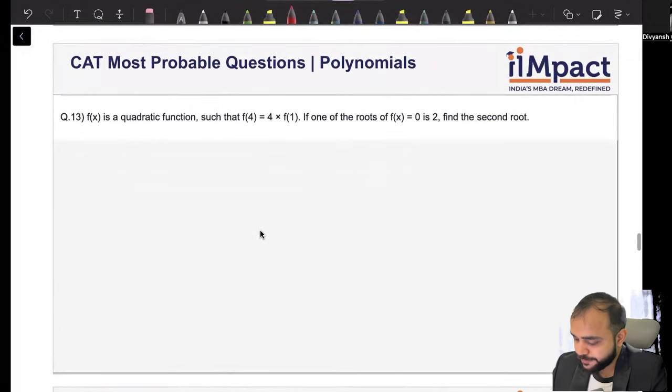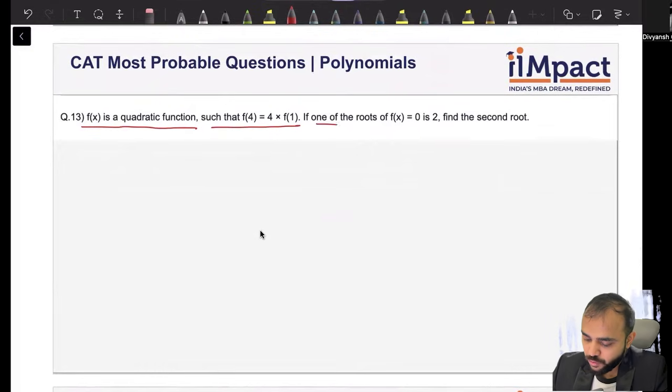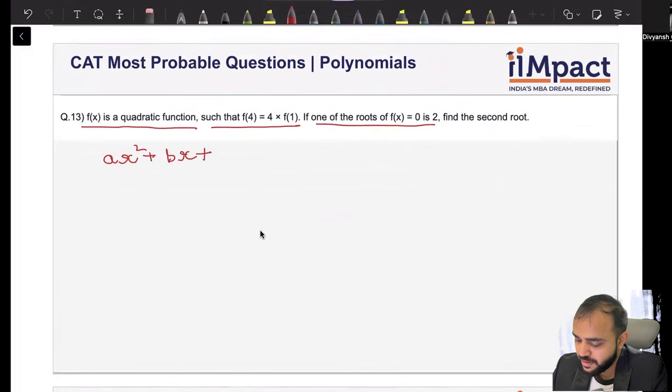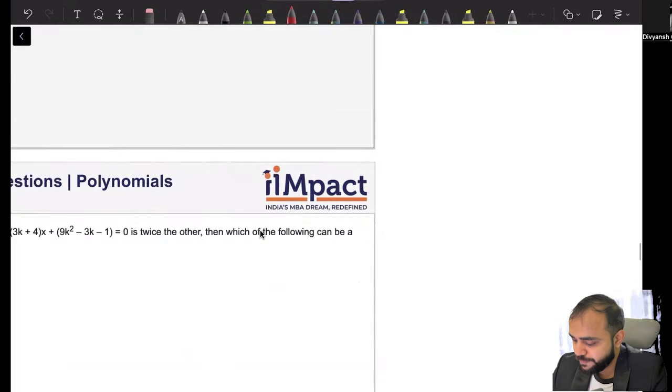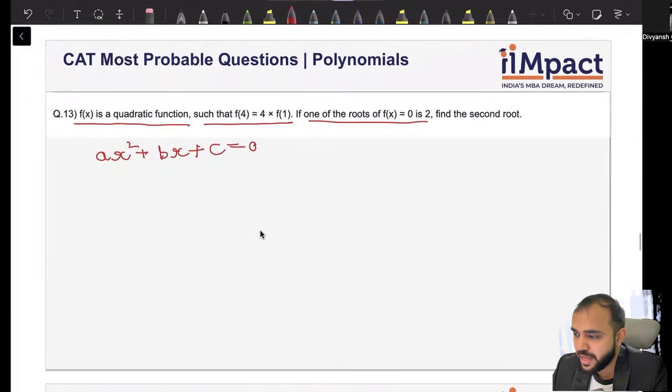Moving on. f(x) is a quadratic function such that f of 4 is equal to 4 into f of 1. If one of the roots of f(x) equal to 0 is 2, find the second root. So I will do the same exact thing. I'll write ax square plus bx plus c as my quadratic. I will now put x is equal to 4.